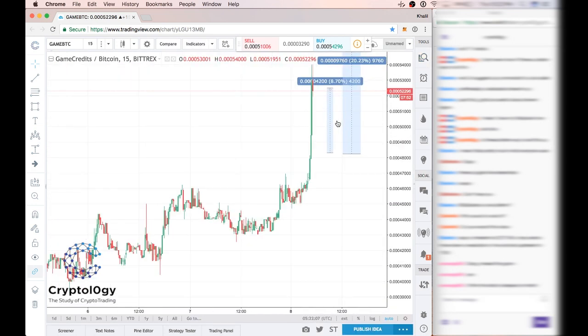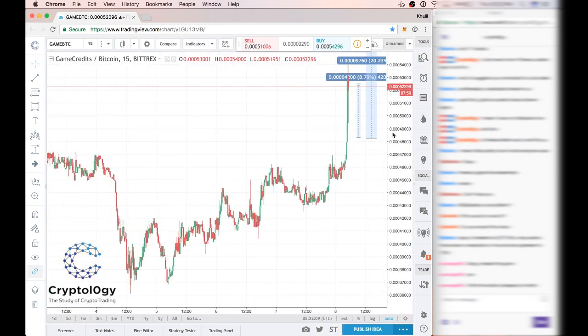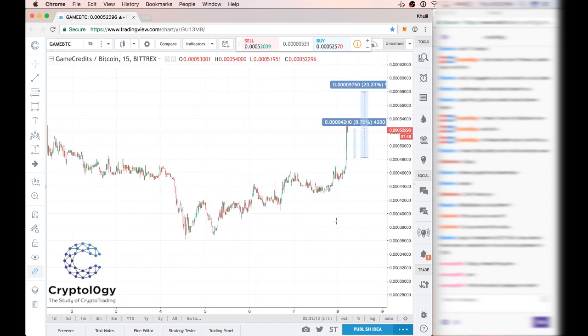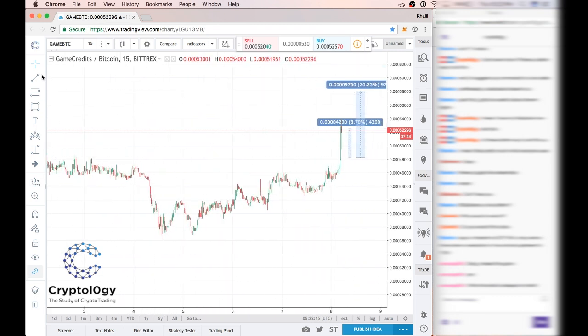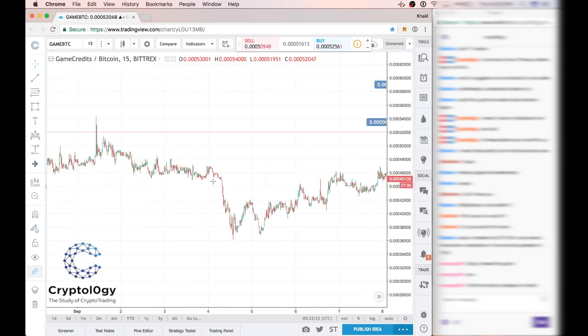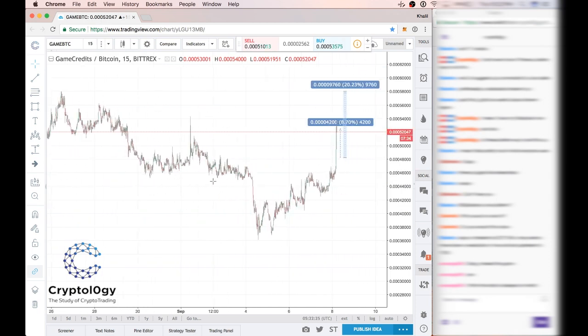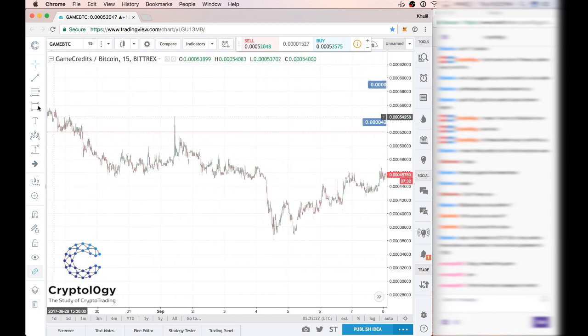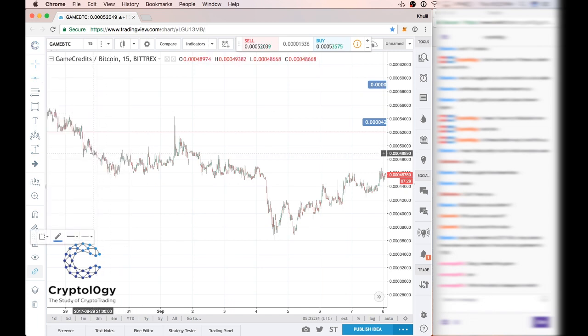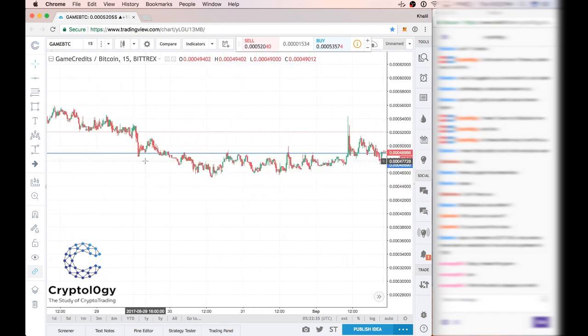Let's look at GAME. Let's see why it spiked up. Let's see if we can spot some trends. If it doesn't fit, don't force it. You can see some maybe right here, a couple times.